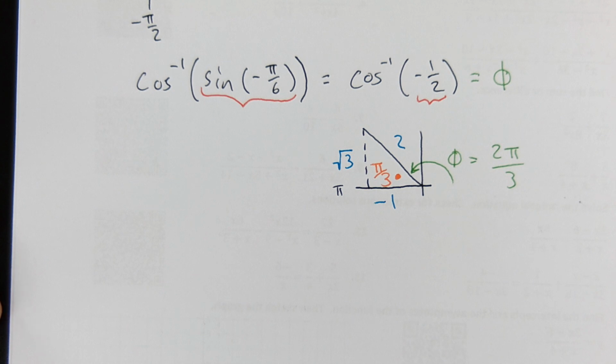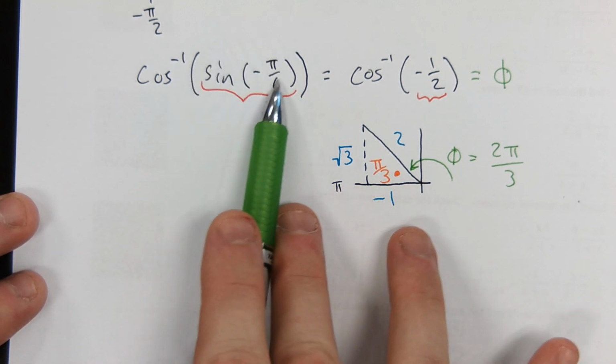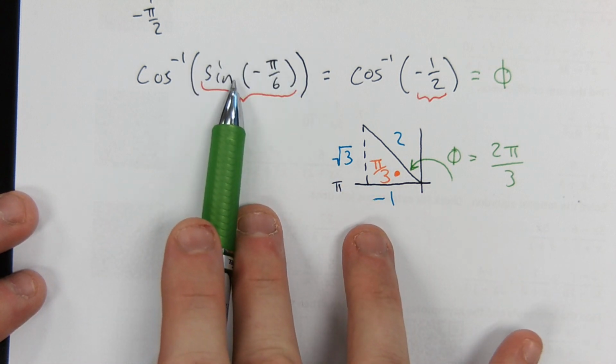So anytime you're answering a trig inverse question, an angle is your answer. So what we knew then is that this trig information here represented some angle. That's what we know.